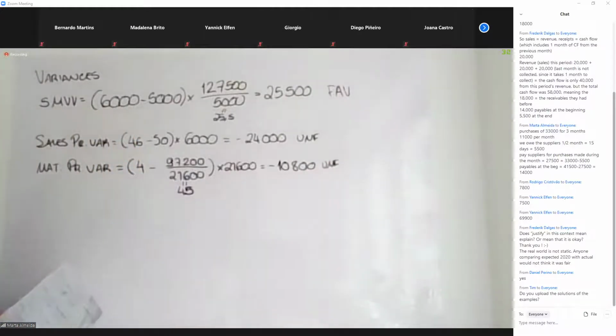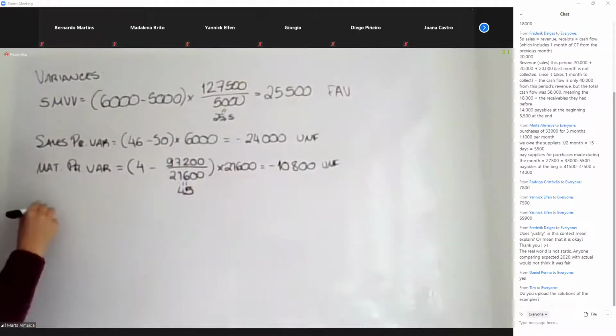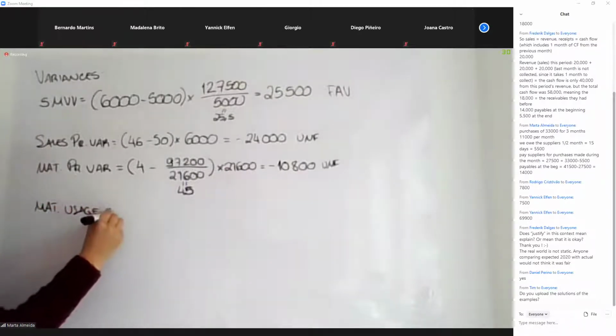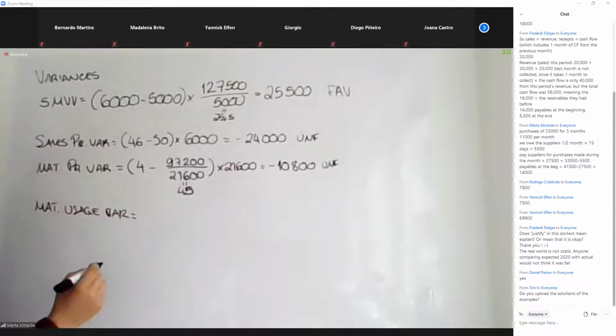Let's now calculate the materials usage variance. The material usage variance is the budgeted material volume for actual output, so it's the volume that we have in the flexible budget. For materials, we expected to use 3 meters per unit.